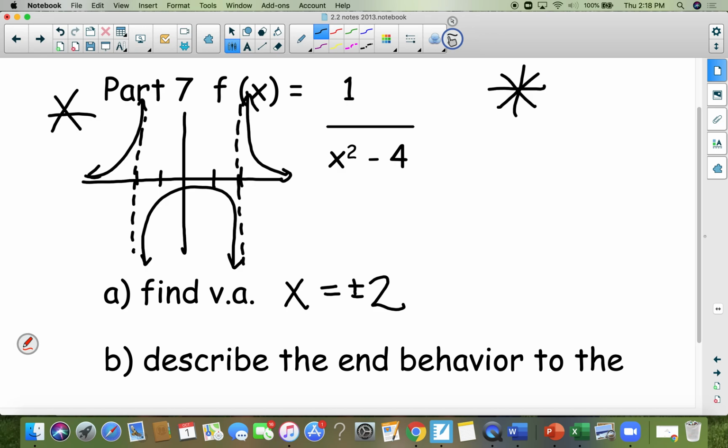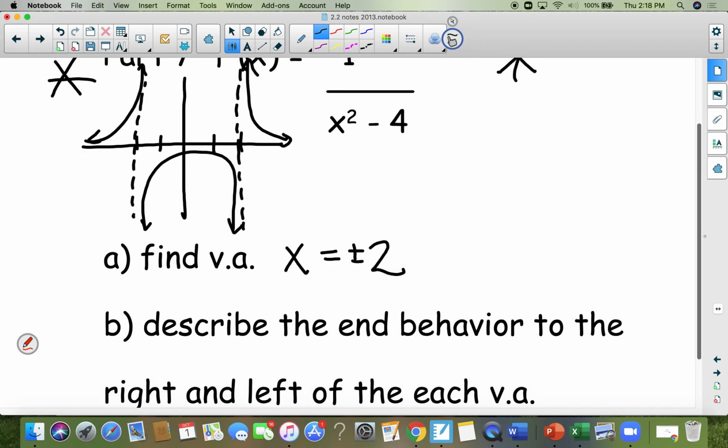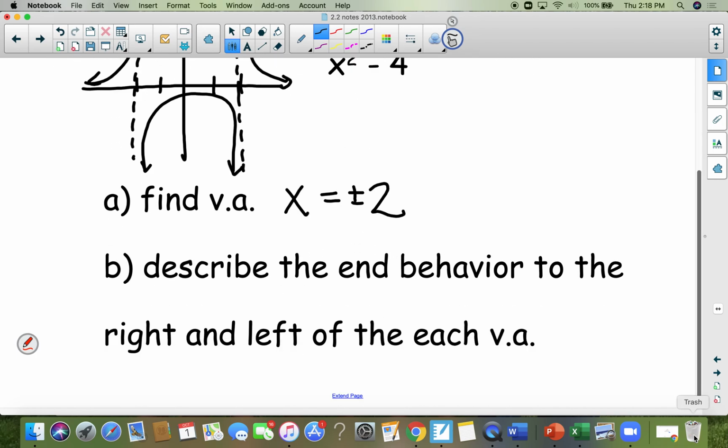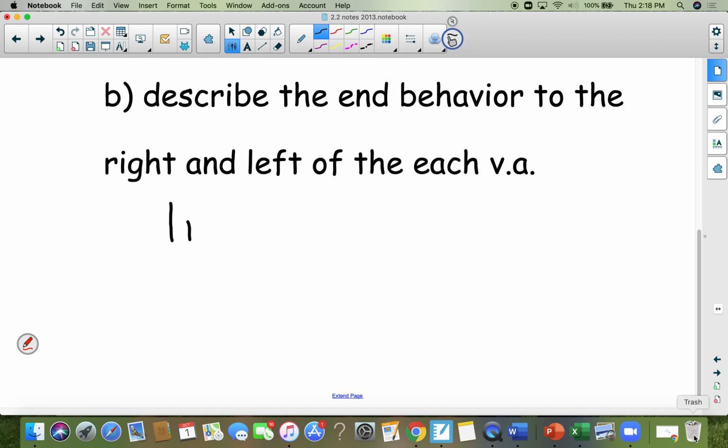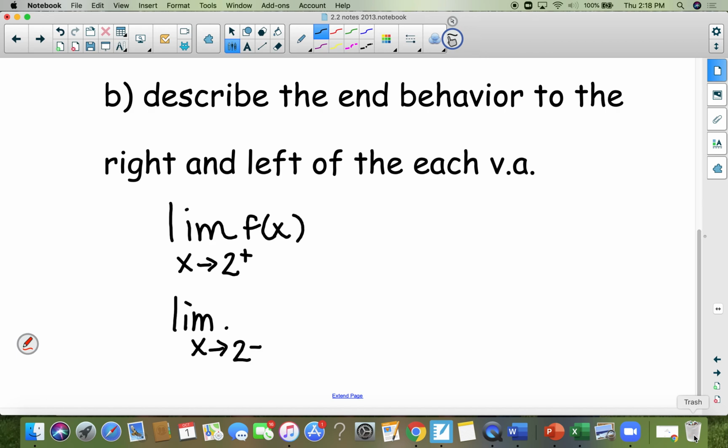So this is what I want you to do on the test, so watch carefully. Describe the end behavior to the right and left of each vertical asymptote. Different end behaviors than what I was doing with that, breaking that up. This is what I want you to do. The limit as x approaches 2 from the right of f of x, and the limit as x approaches 2 from the left of f of x.